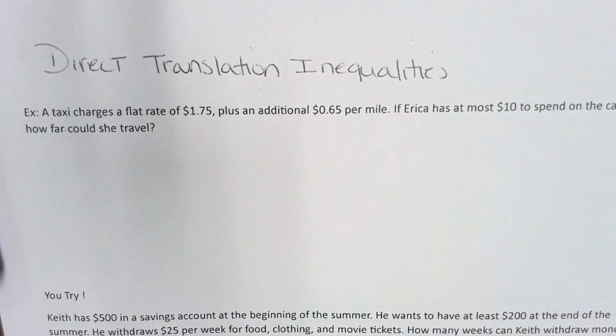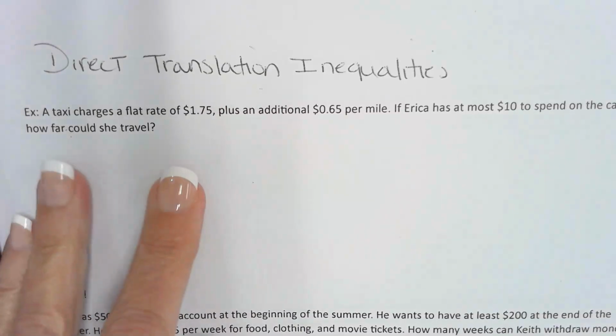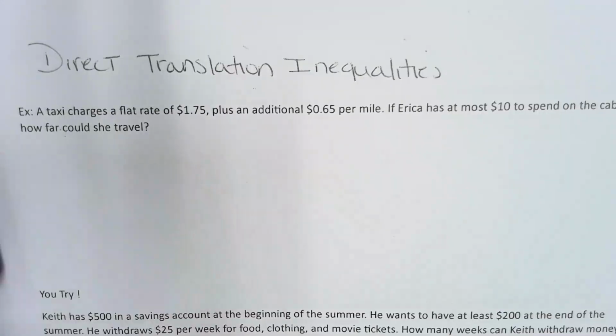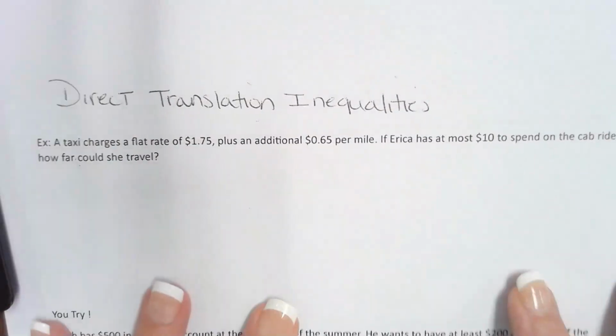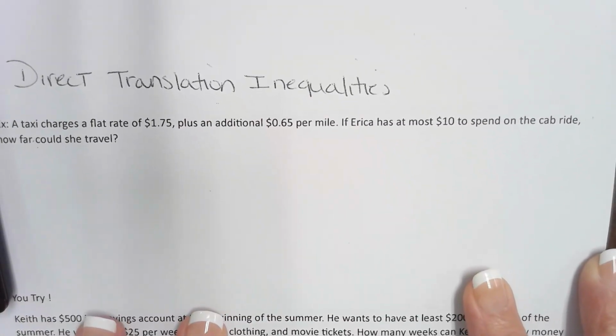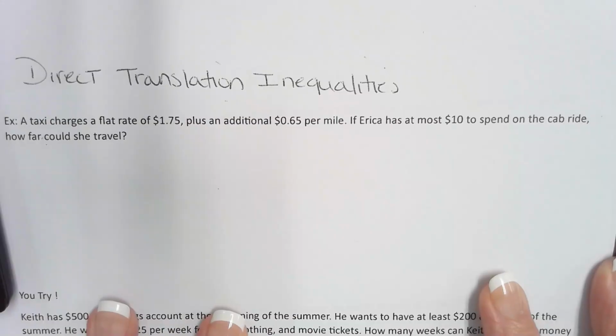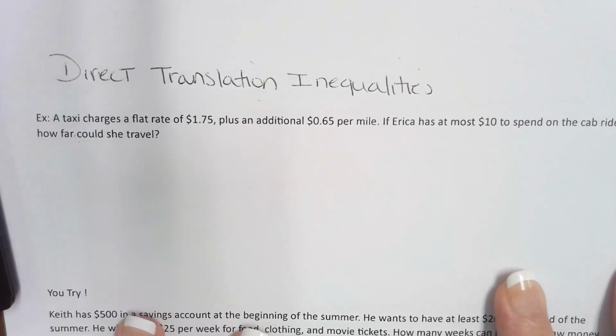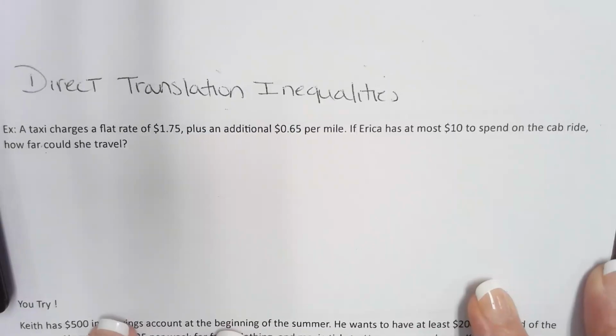Inequalities. I'm going to find the word that goes with the inequality symbol. First thing I'm going to do is read it. I want you to see if you can find it. We're looking for the words that describe the inequality symbol. It says, a taxi charges a flat rate of $1.75 plus an additional 65 cents per mile. If Erica has at most $10 to spend on the cab ride, how far can she travel?